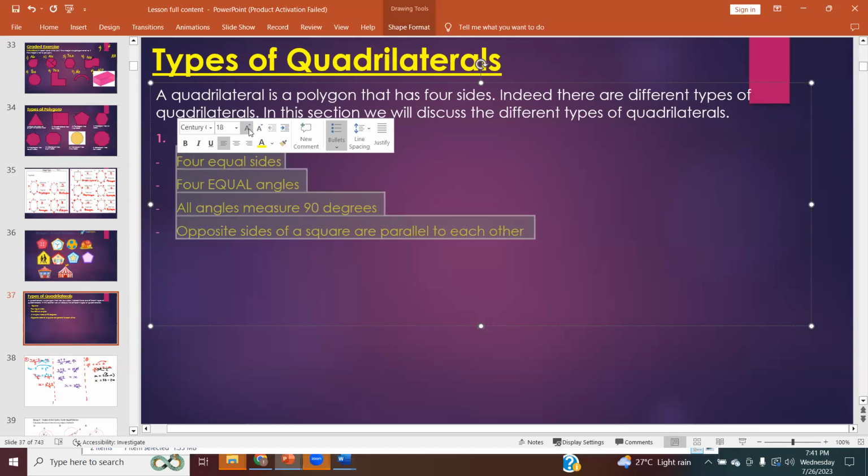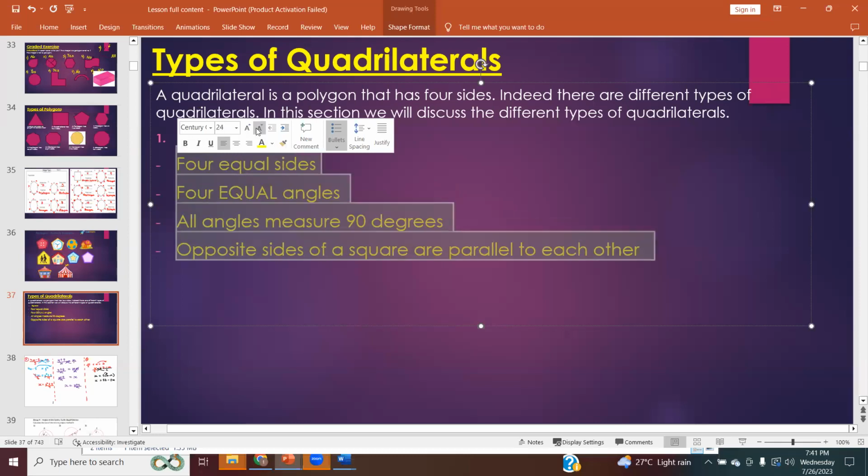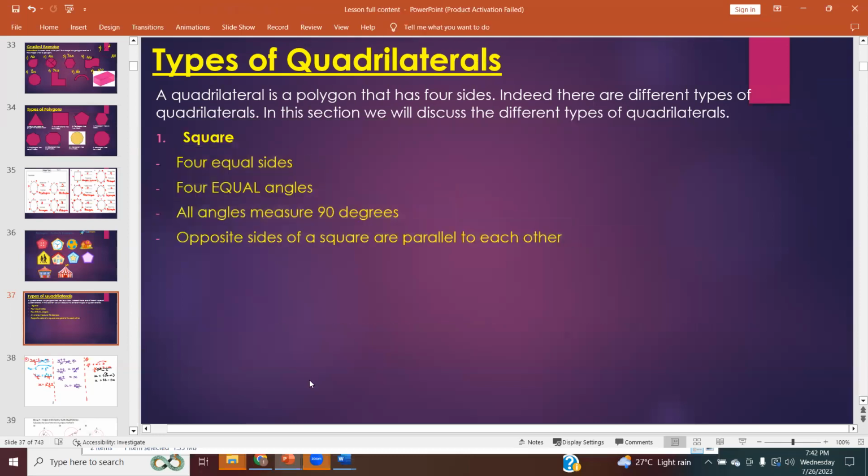So that's a square. I want us to actually draw a square. I want to tell you all about the square.